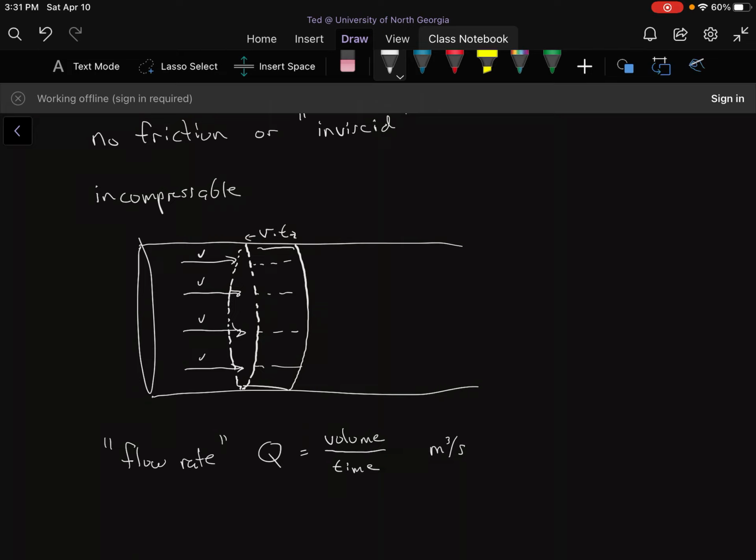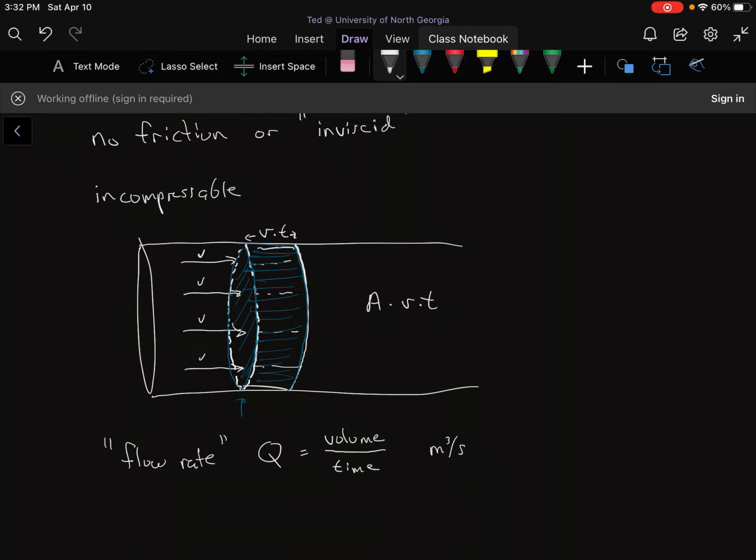So the volume contained in that cylinder, and I guess I'll color it, can't see the blue very well, in this blue cylinder would be the total volume that passes through this part of the pipe. And the volume of that cylinder would be equal to the area of the pipe times the height of this cylinder, which is velocity times time.